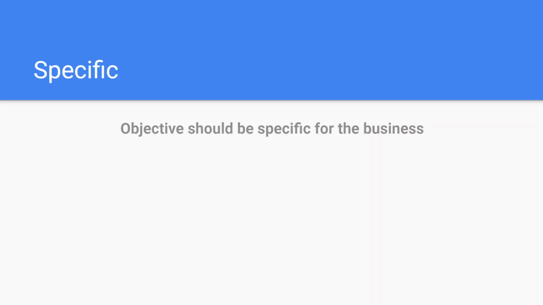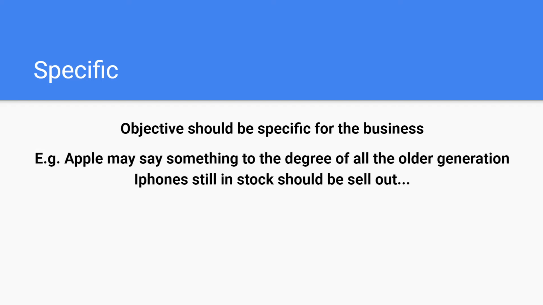So first of all, we have specific, and as the name says, the objective should be specific for the business that the objective is for. For example, I always use Apple as an example because I like the company, and here Apple may say something to the degree of all the older generation iPhones still in stock should be sold out by a certain date.